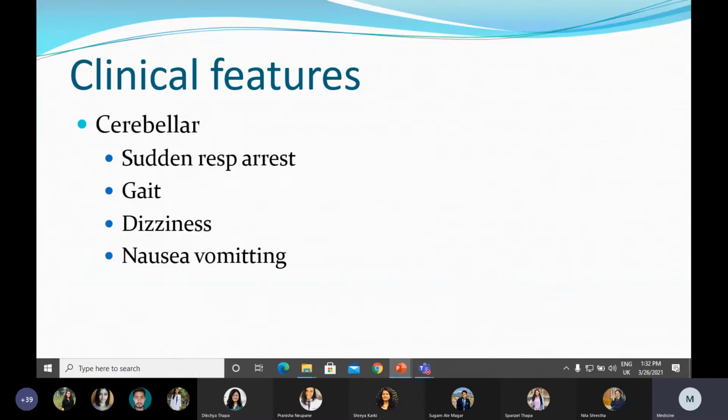Usually, if the patient has involvement of the cerebellum, then the patient may have sudden respiratory arrest because of compression of the respiratory center by the hematoma. There may be disturbance in gait. The patient may complain of giddiness, nausea, and vomiting.